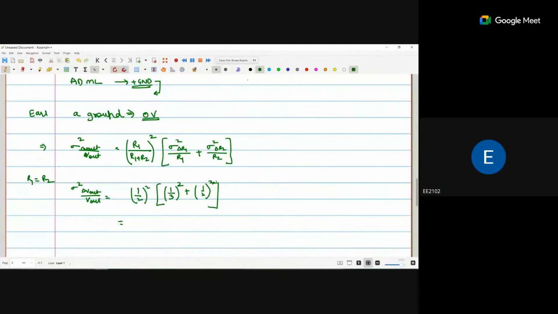So it is 1 by 4 times, 1 by 9 plus 1 by 4, which is 13 by 4 into 36.